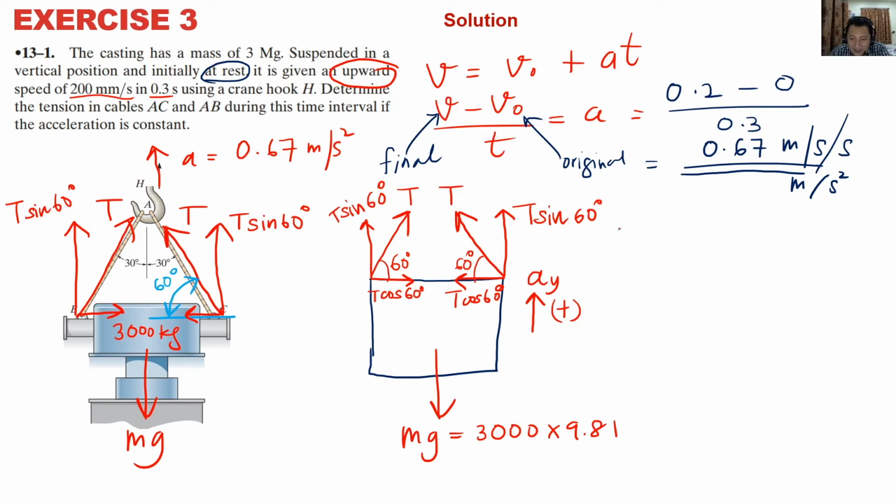So, summation FY equals MAY. AY is no longer 0, right? You have acceleration. So, write the answer.